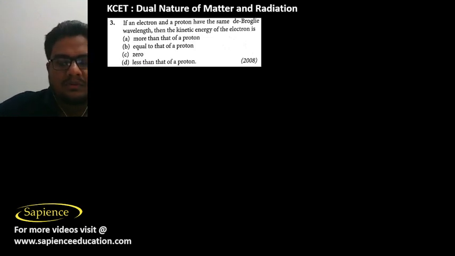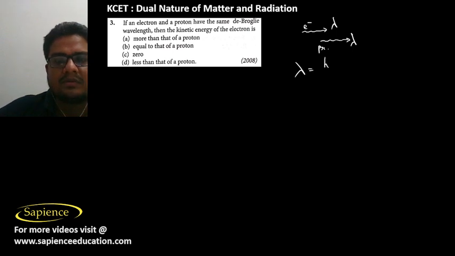Question number 3. It is told if an electron and a proton have the same de Broglie wavelength, their lambda is the same, then the kinetic energy of the electron is. We can say lambda is equal to h by p, and p square by 2m is equal to kinetic energy.